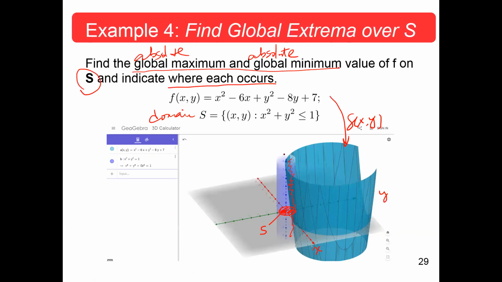Is that clear? So you are looking at the maximum and minimum of the function over this small area, not this entire big surface. So you're looking for the max and min of this f over this S. We can tell that this specific domain S is closed, right? So this S, is that closed?